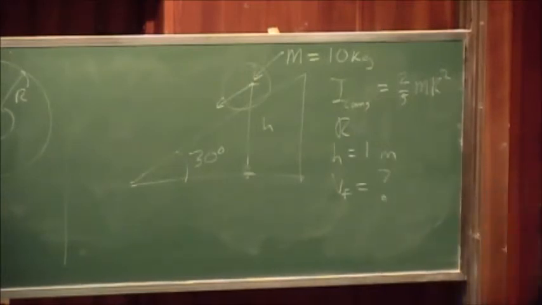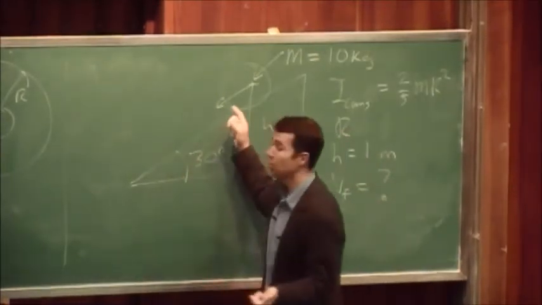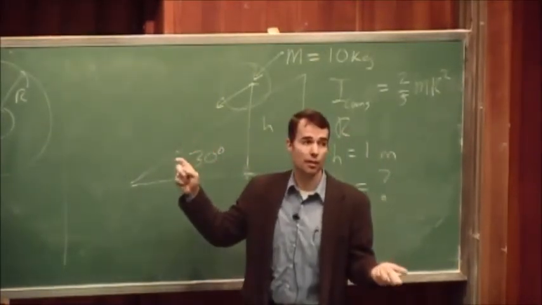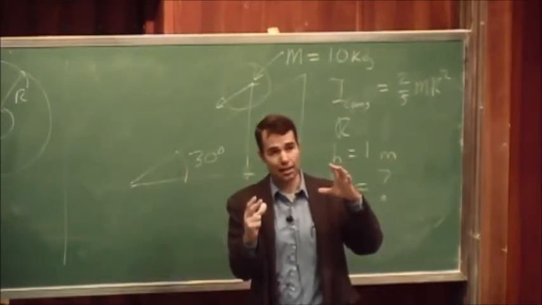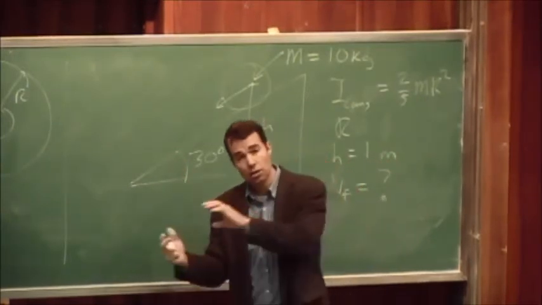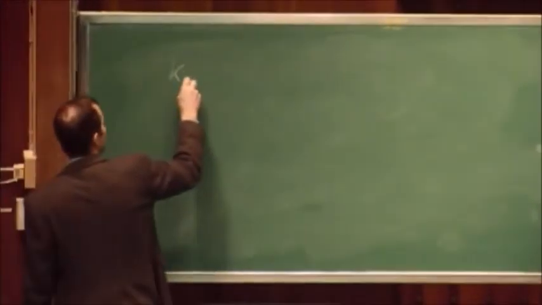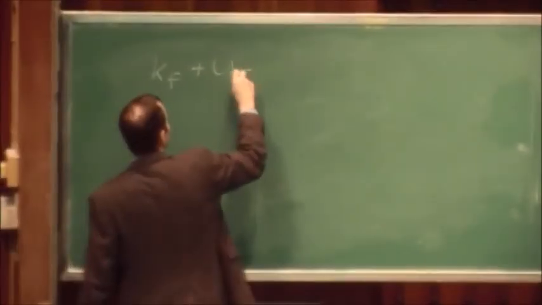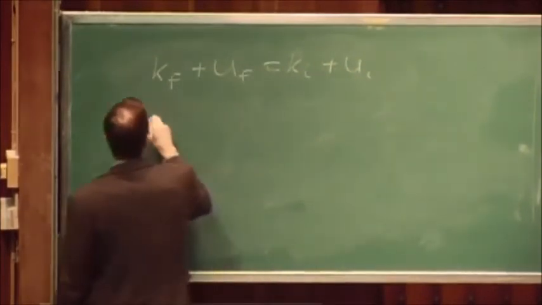So is there any energy lost there? No. That means we can use conservation of energy, because all of the energy is transferred from potential energy to kinetic energy. So K final plus U final is equal to K initial plus U initial.